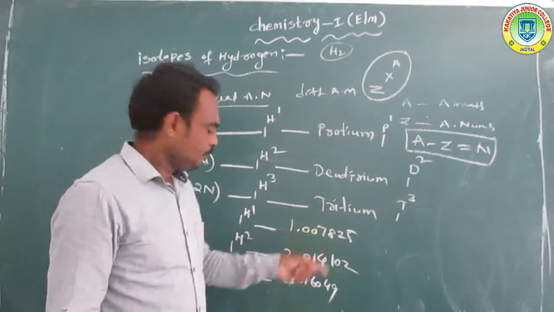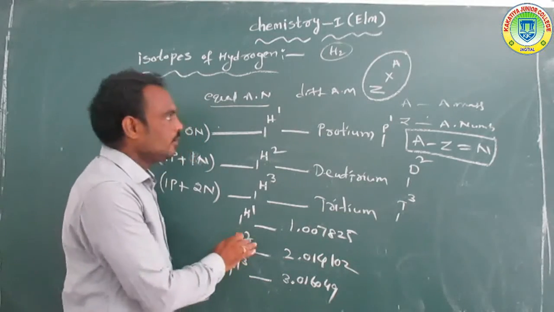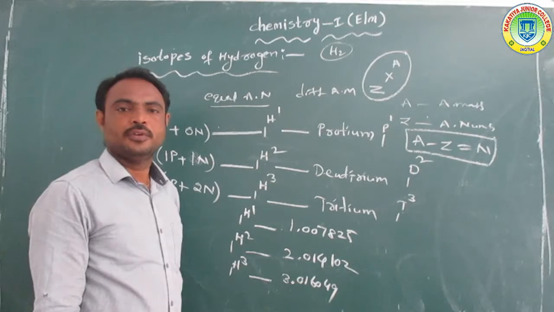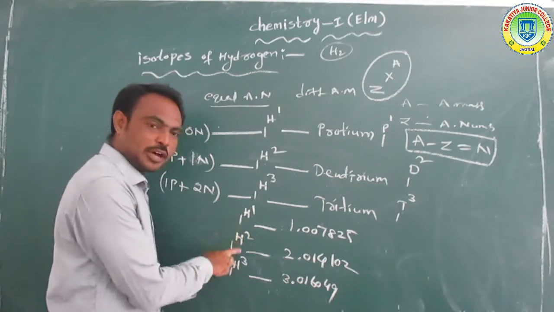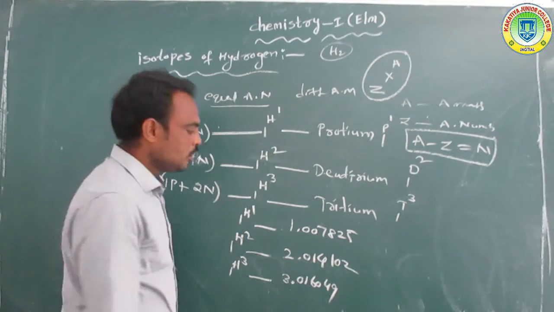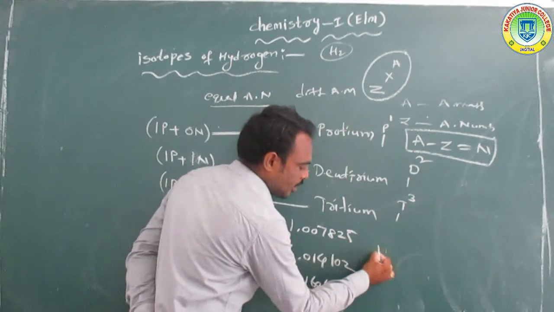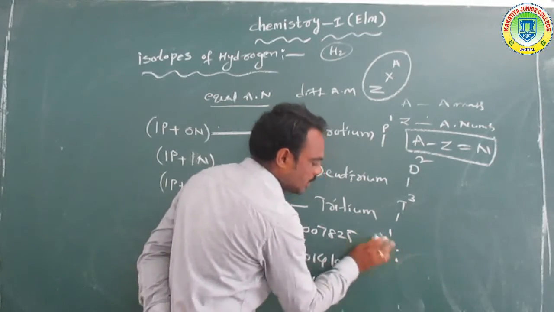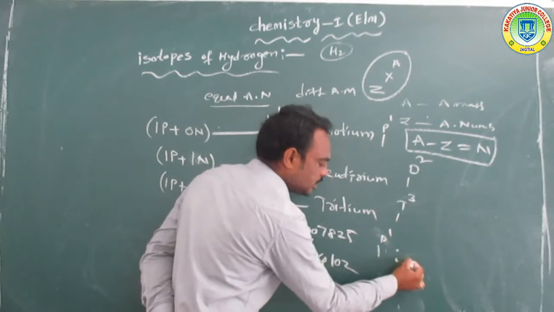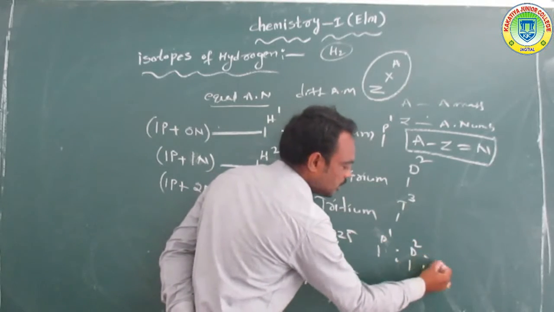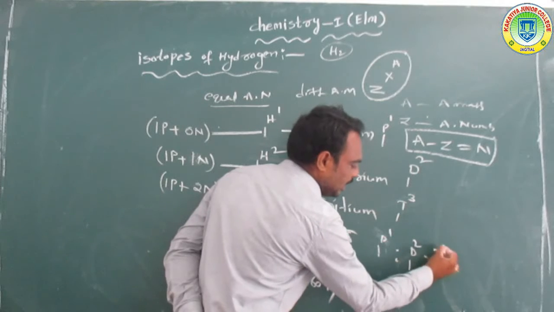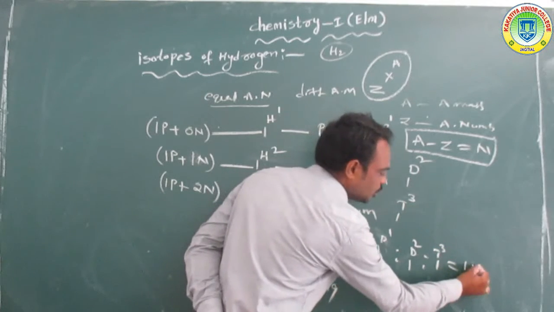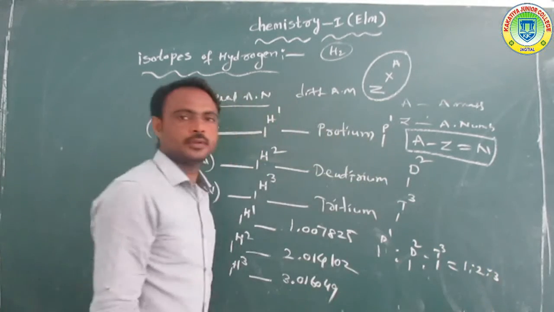So overall, what is the ratio of the mass of these isotopes? We write 1H1, or suppose 1P1, 1D2, 1T3 is equal to 1:2:3.